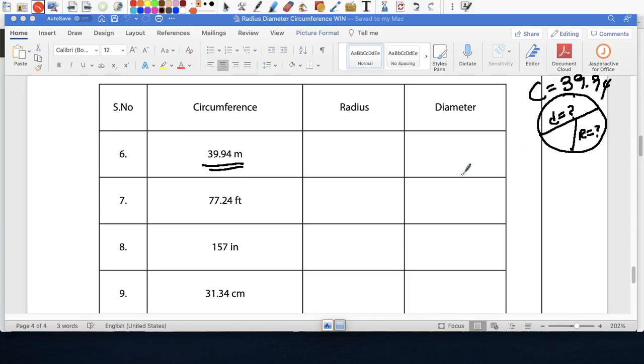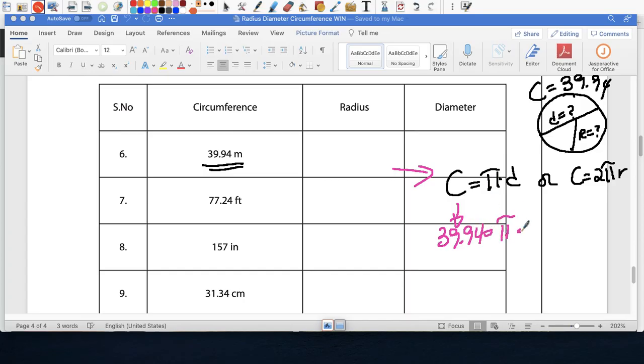Which formula should I use? Should I use this one, or should I use this one? It doesn't matter. Whichever is less work or easier for you. I'm going to pick this one. The circumference is given to me: 39.94 equals pi times diameter. We're looking for the radius and diameter, but this formula is helping me find the diameter.